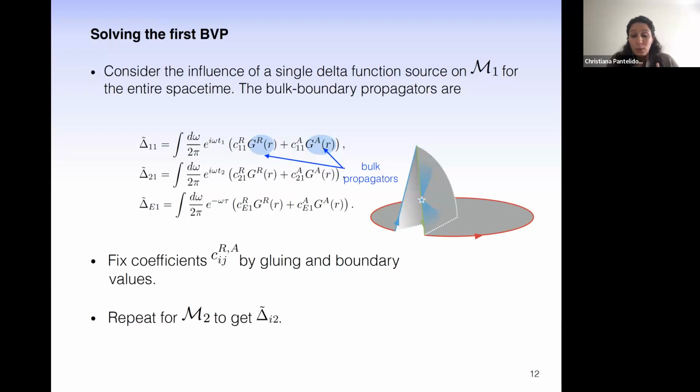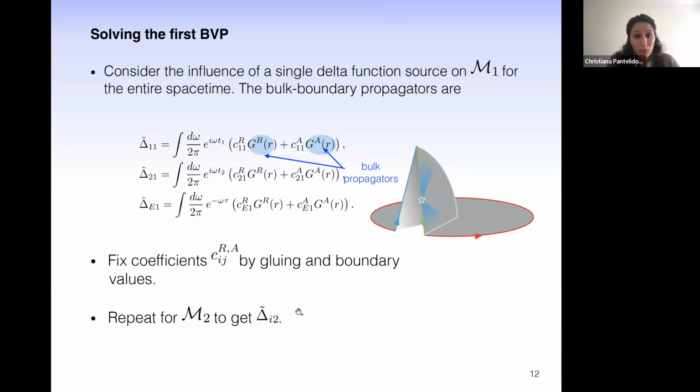This is when we have the delta function on M1. Now we repeat the same with the delta function source on the boundary of M2. In that case, we compute the bulk to boundary propagators delta ij. So the delta function source is on segment 2, and we measure the influence on all 3 segments.